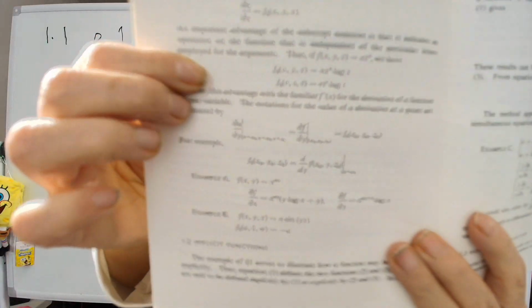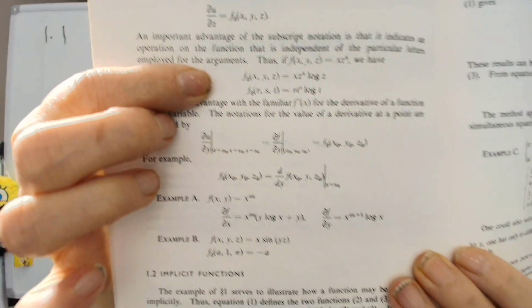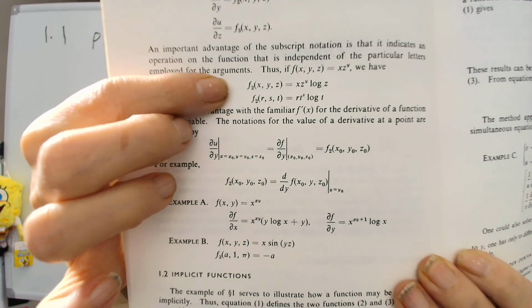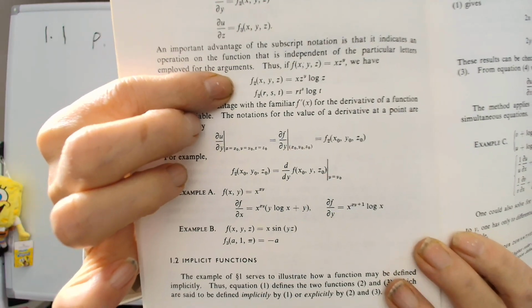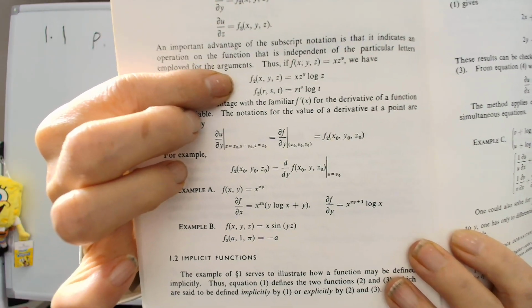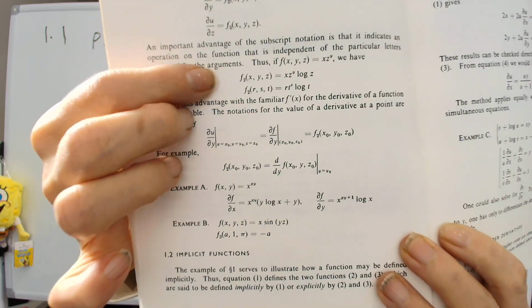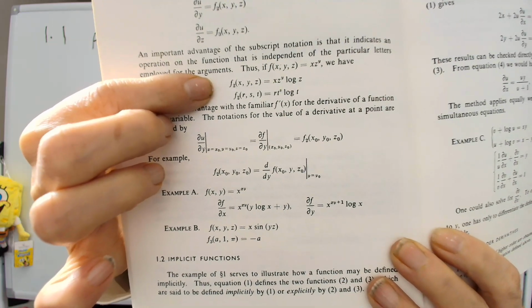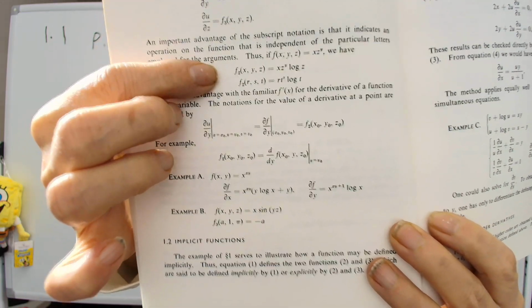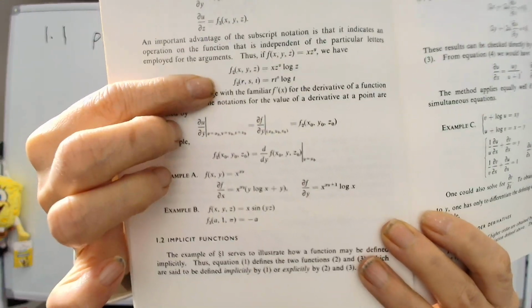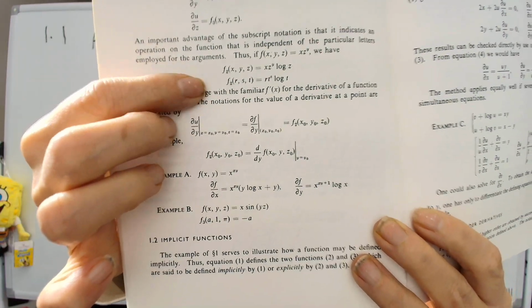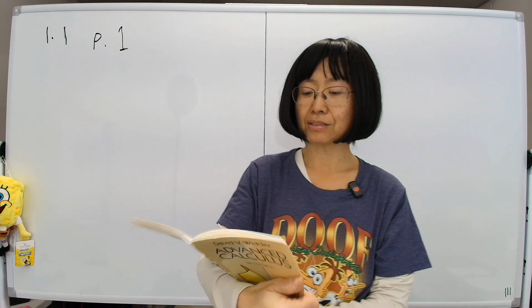For example, f sub 2, the 2 down here means you take the partial derivative with respect to the second variable, the one in the second position. In this case, it would be y, right? You're taking the partial derivative with respect to y. And that way, if you change the names of your variables, nothing changes. You're still getting the same result. It's why you sometimes might want to do that.